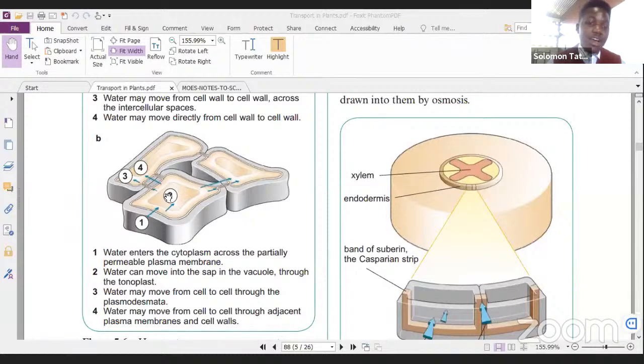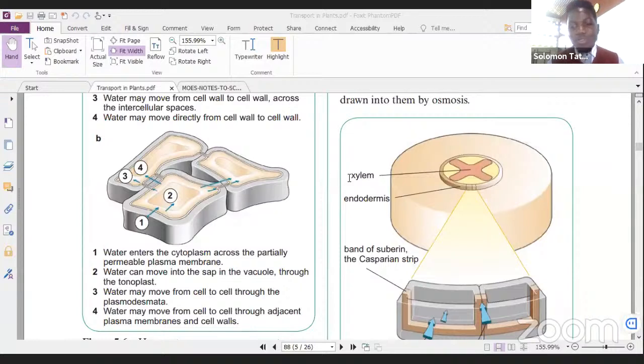First of all, we have a huge vacuole, which is then surrounded by very many organelles like the mitochondria, the endoplasmic reticulum, the Golgi body, the ribosomes, and many others. So water faces a lot of resistance while using the other two. A lot of resistance. But when you look at the apoplast, there are no organelles in the cell wall. So there's less resistance.